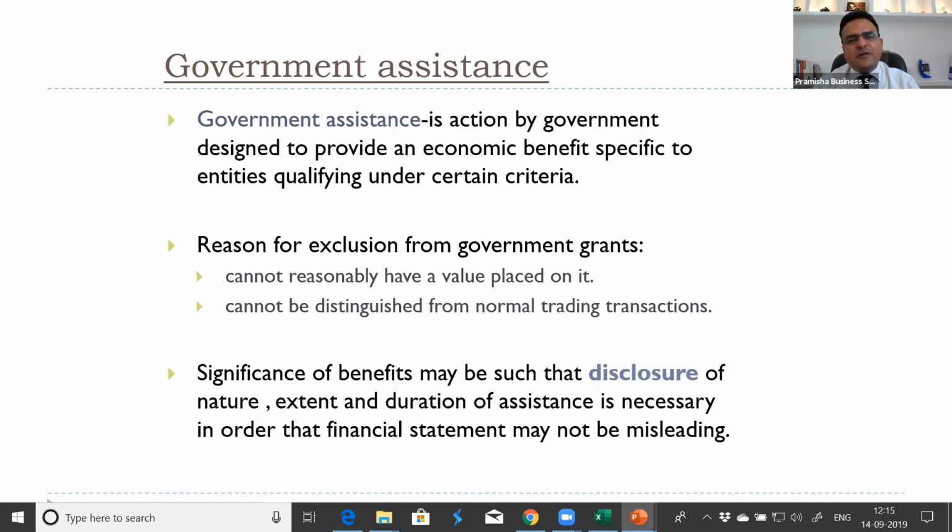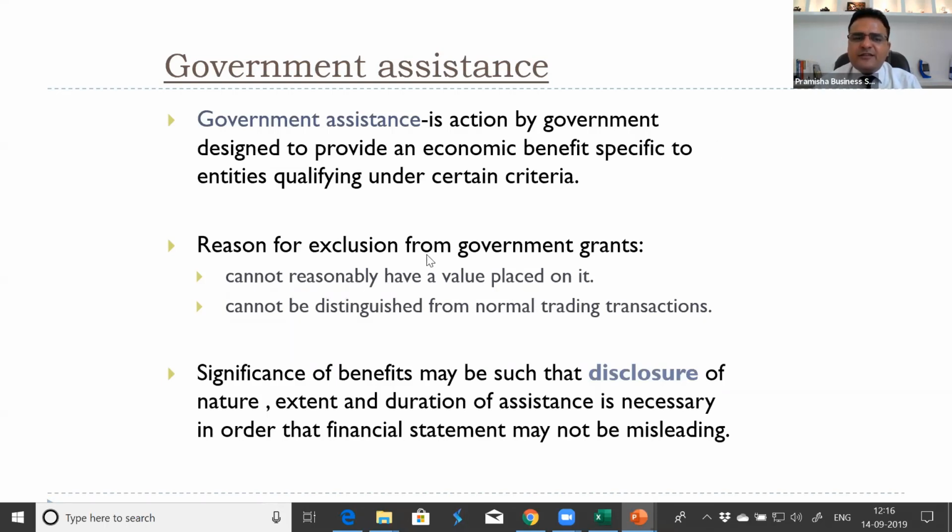If there is some assistance being provided by the government in the form of knowledge transfer, there is no value which we can record, but it is being supported through government initiatives. So this can be disclosed in the notes to accounts if an entity gets this kind of assistance for commercial rearing or for commercial plantation.